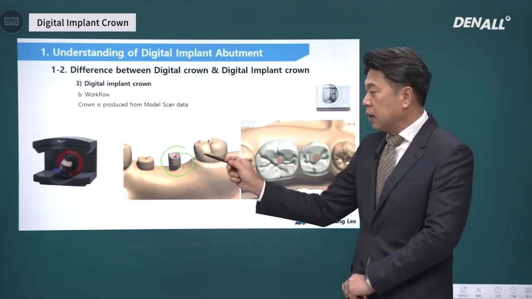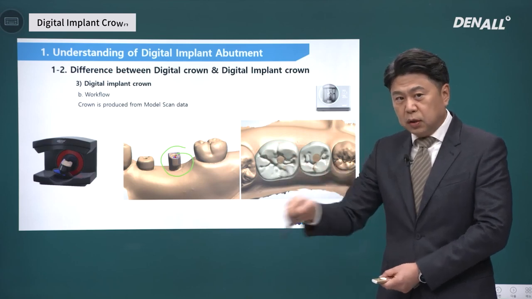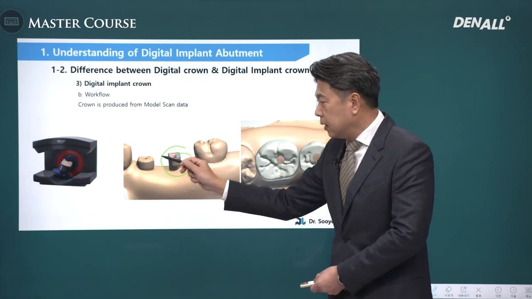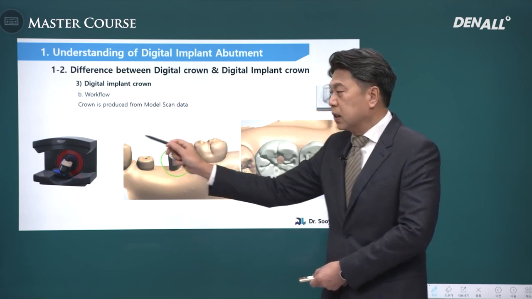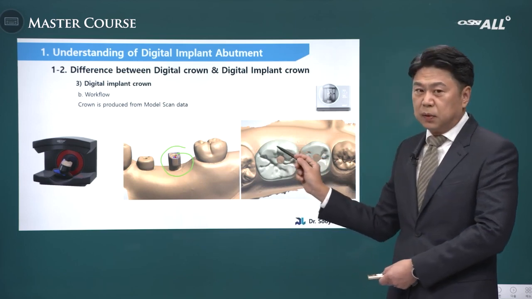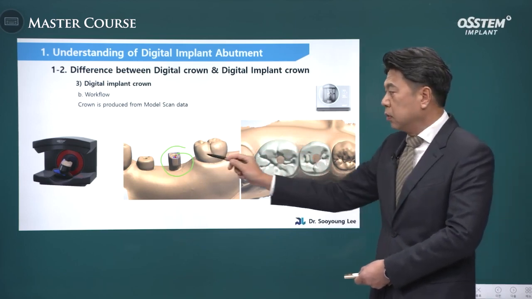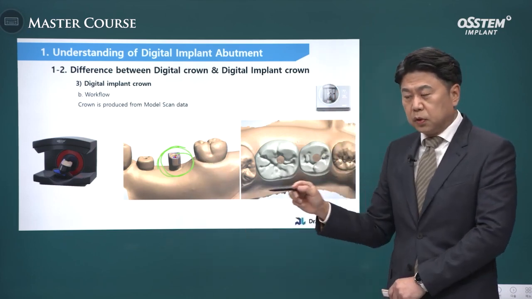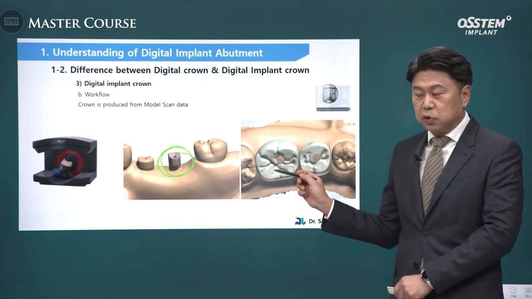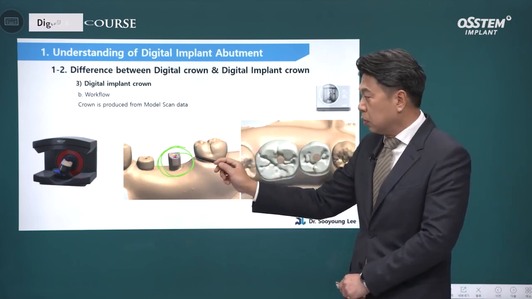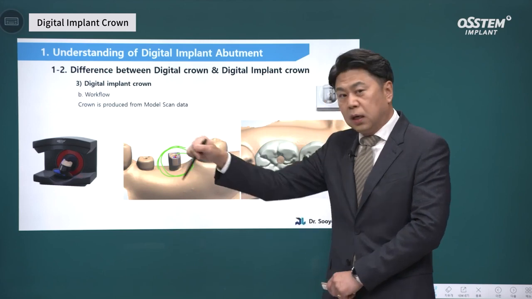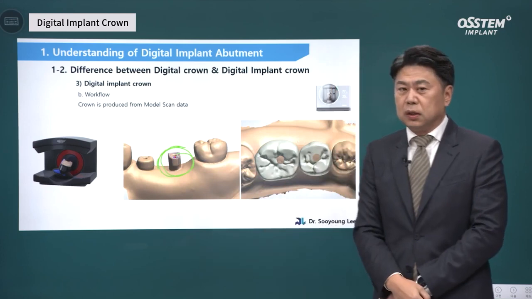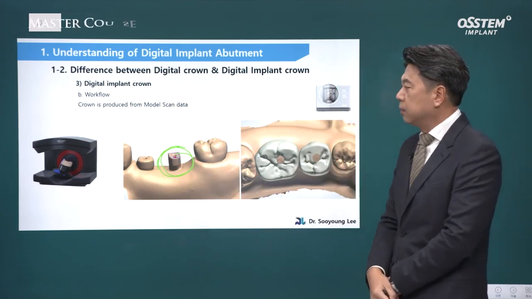So when you don't have an intraoral scanner, rather than taking an impression and scanning an abutment, a scan body should be connected and an impression should be taken and scanned to fabricate a custom abutment. Custom abutments are fabricated using a medium called scan body. To fabricate custom abutments and crowns at the same time, and you don't have an intraoral scanner, a scan body is connected and a rubber impression is taken and sent to a lab where the process is performed using a model scanner.